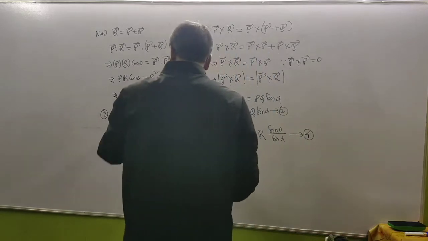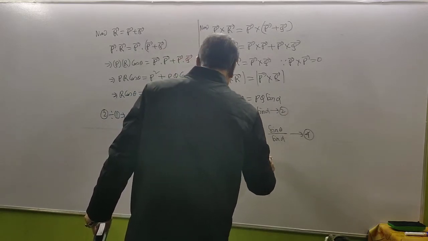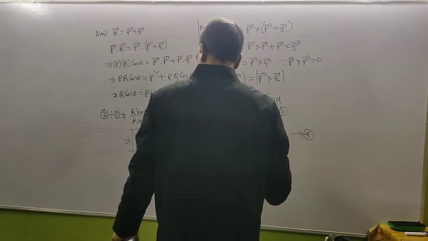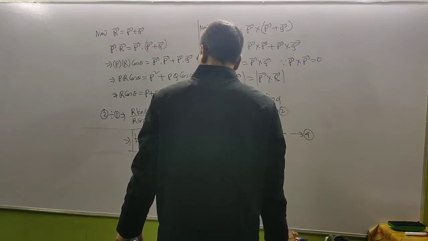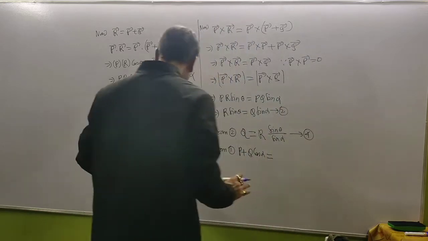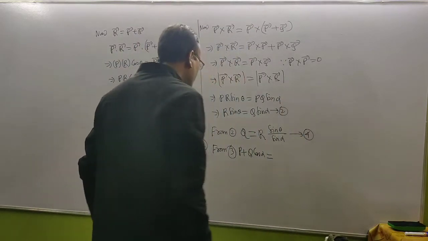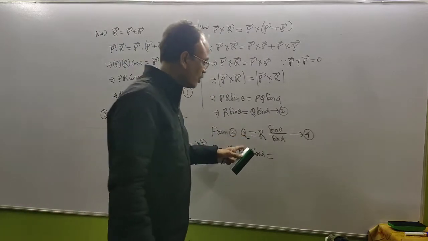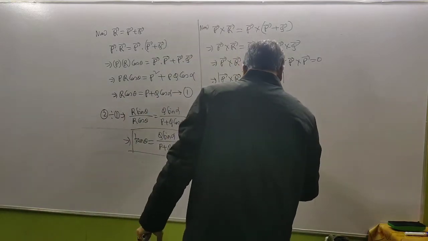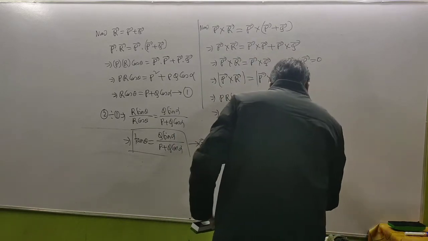From 1, P plus Q cos alpha, this is equal to R cos theta, but from 3 I am going to express P in terms of R. P plus Q cos alpha equal to Q sin alpha by tan theta.